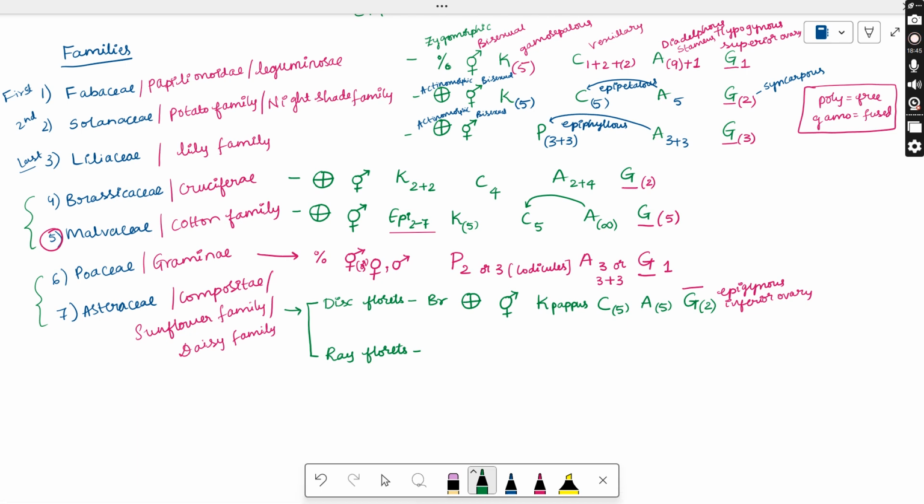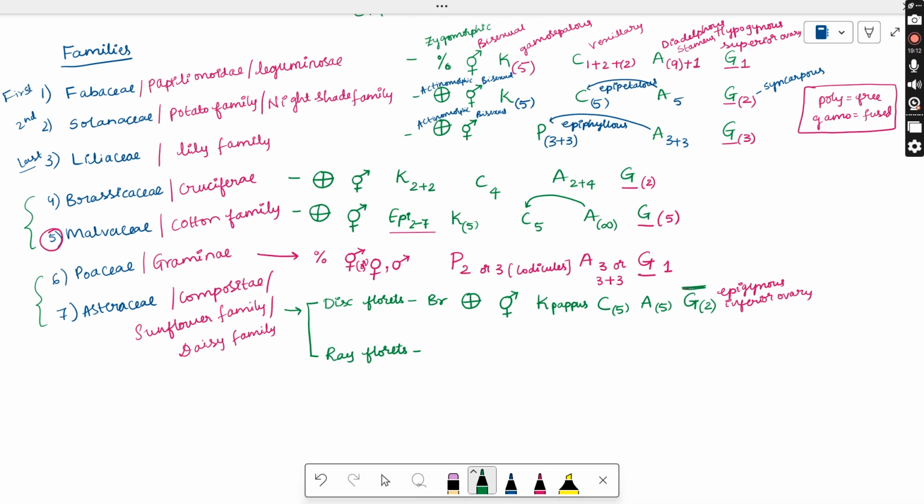So here bracts, actinomorphic, bisexual, calyx is modified. We call it pappus. Numerous sepals are present. And here corolla is of 5, gamopetalous condition. Androecium, all the 5 stamens are fused. Epigynous or inferior ovary is present. 2 carpels are fused. So this is the floral formula for the disc floret.